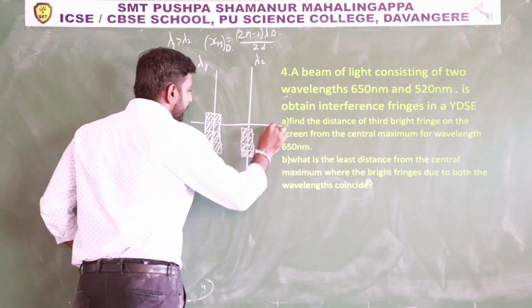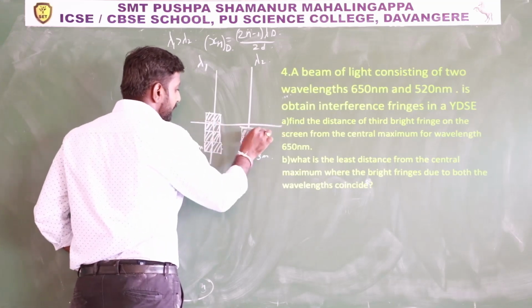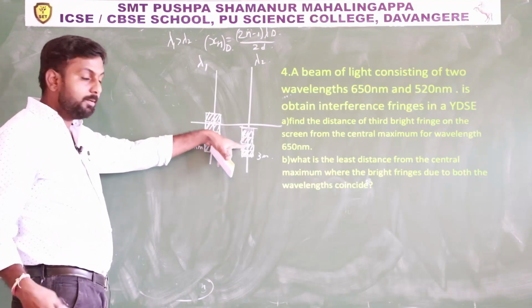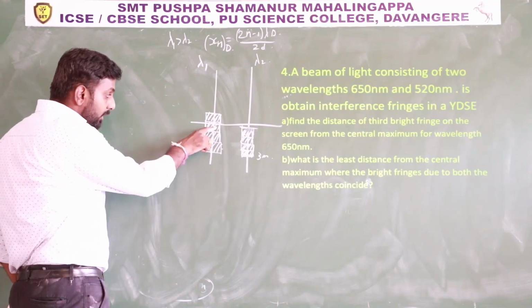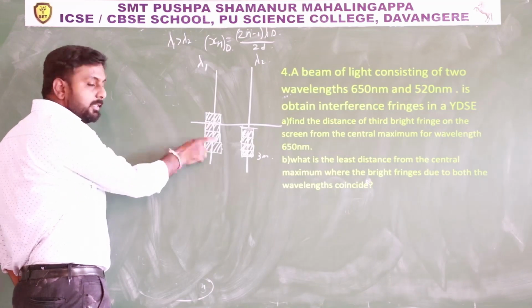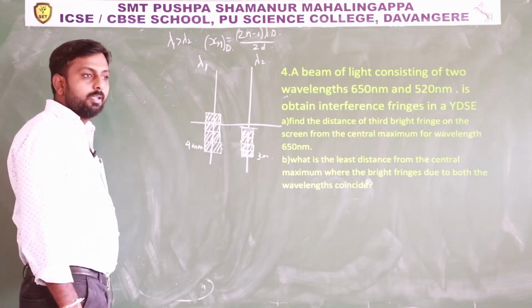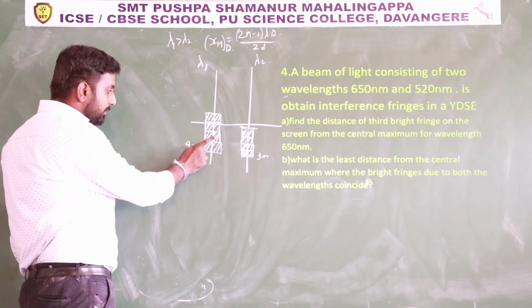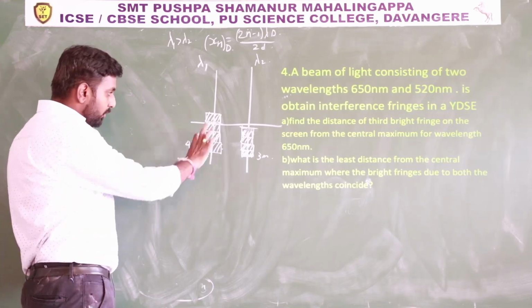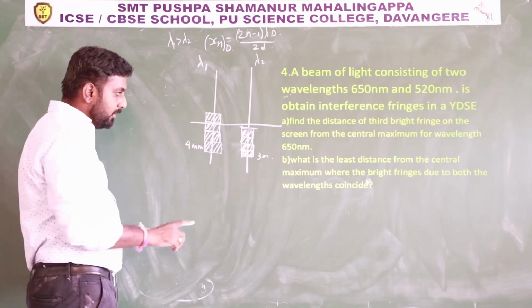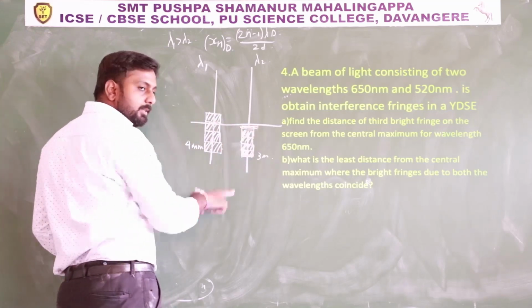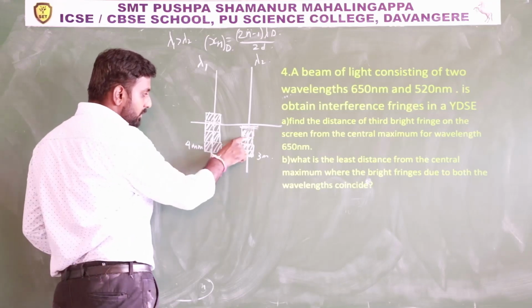Now you can observe, here 3 fringes and here 4 fringes, each reach 12 millimeter. For 12 millimeter, here also 3 fringes, because here the wavelength is more. So how many fringes are you observing? 1, 2, 3, total distance 12 millimeter. To have 12 millimeter for the other wavelength, how many fringes are required? 1, 2, 3, 4.